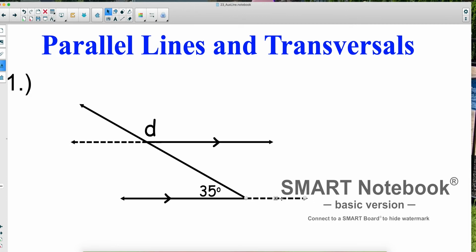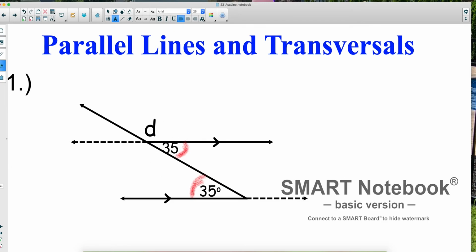I'm going to start with now saying, I'm going to look here and I'm going to say, oh, look, I have some alternate interior angles. My alternate interior angles are right here and right here, right? So then this should be 35.